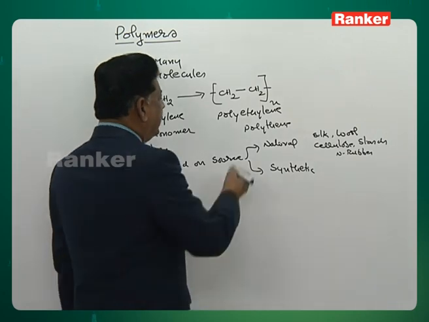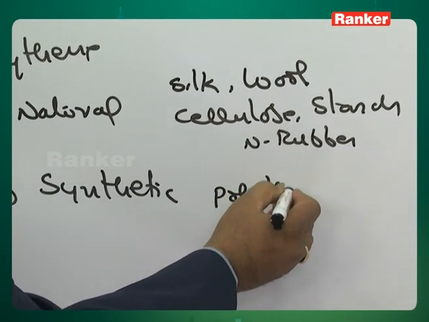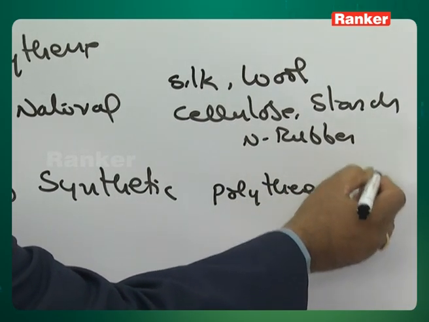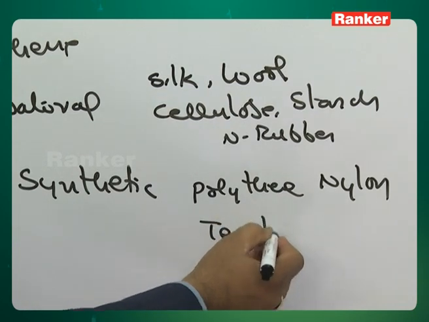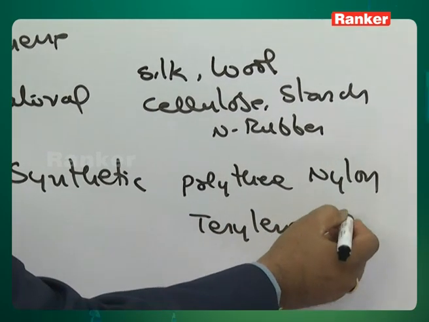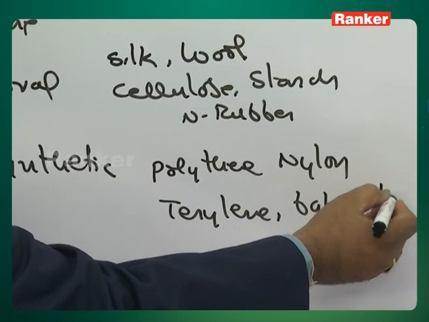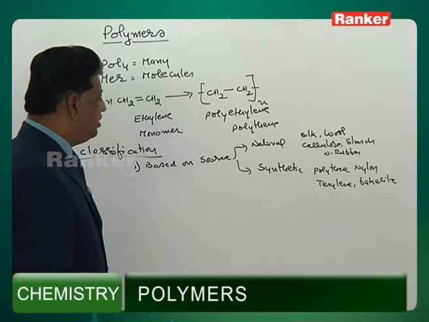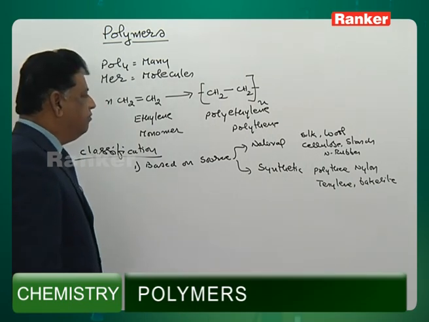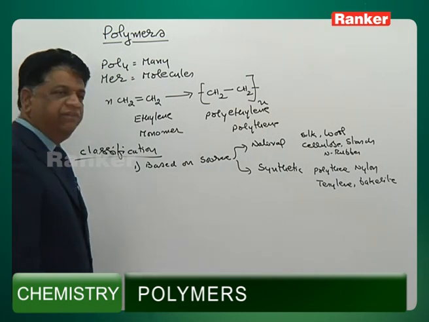In synthetic, as I said, polythene, nylon, terylene, bakelite, and so on. Man-made polymers, a huge number of polymers, are used industrially and economically wherever necessary. So, this is one way of classification.